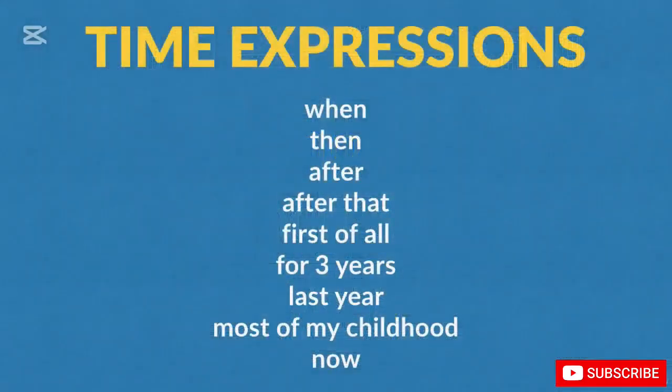So here are the time expressions that I used in my talk. When, then, after, after that, first of all, for 3 years, last year, most of my childhood, now.